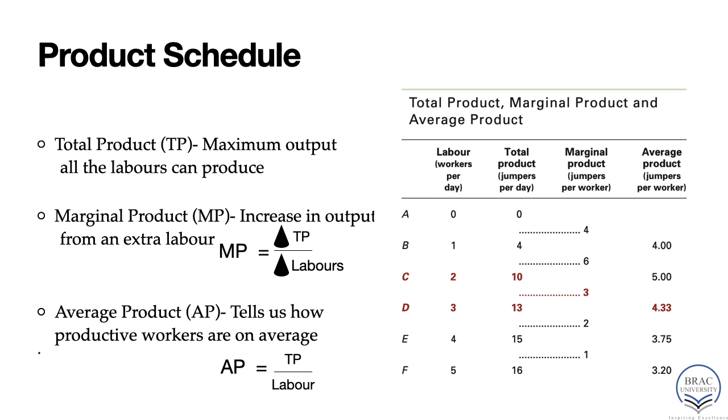And this is given by the formula as change in the total product divided by the change in the quantity of labor. So now, if you look at column number 3, you should be able to see the marginal product of this firm. And as you can see, the marginal product of this firm initially increases, but then it falls. Can you guess why?